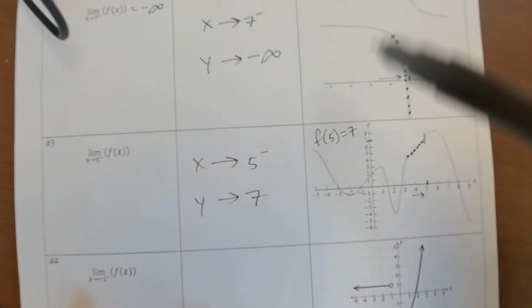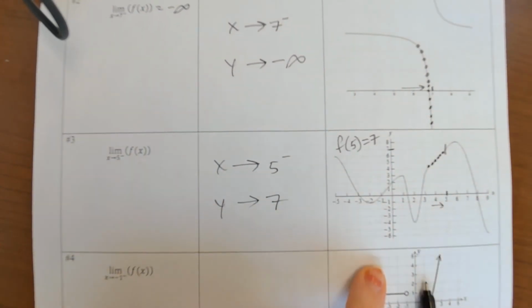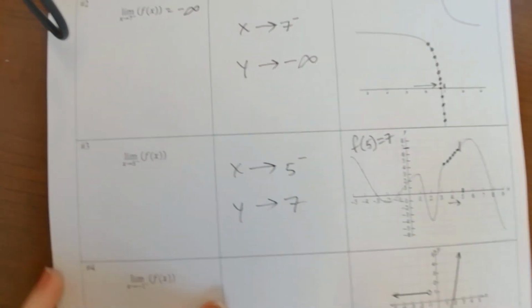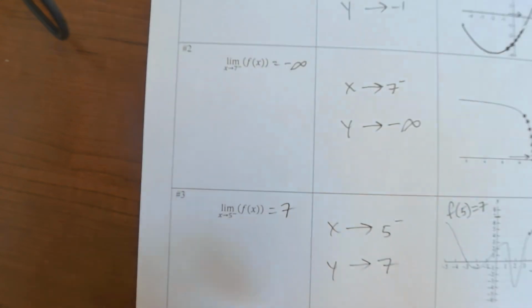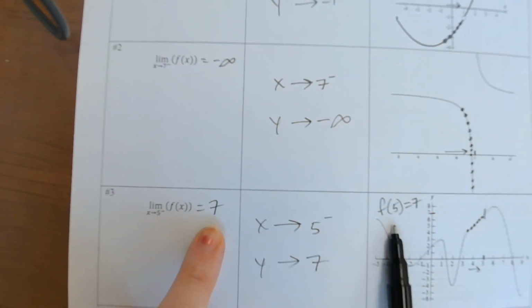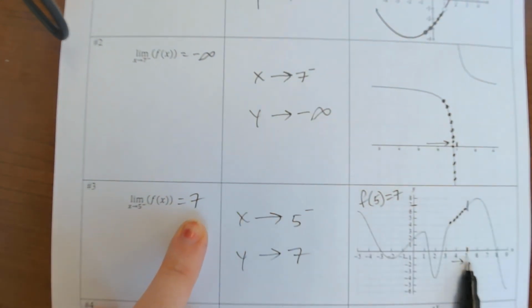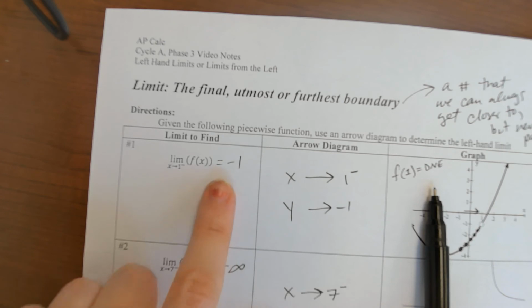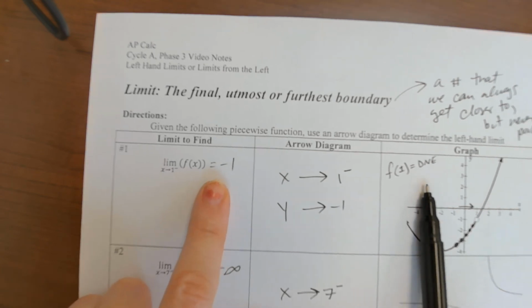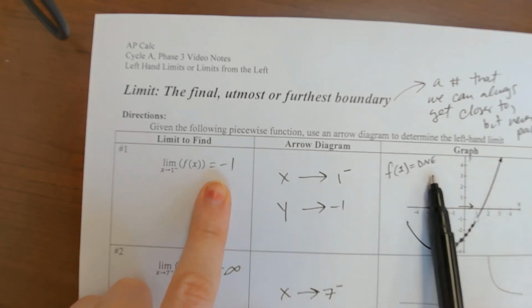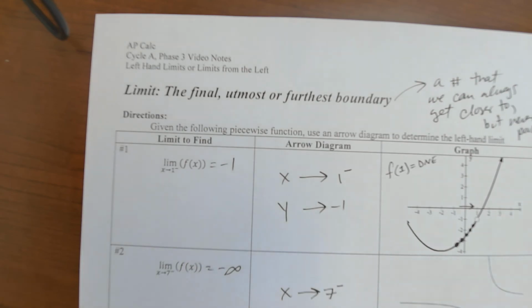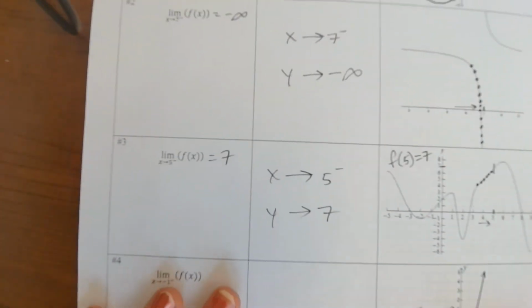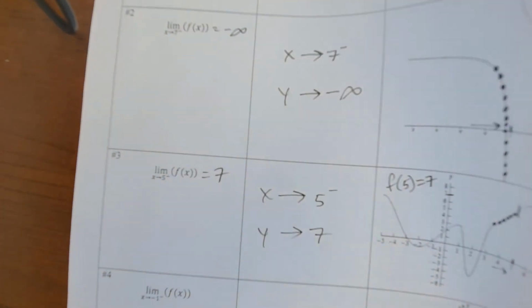This is a similar situation. This is what I was building up to. In this case, the limit is 7 and the function value itself is 7. So that's going to happen sometimes. In the other case, the limit was -1, but the function value itself didn't even exist. I just wanted to point that out because you're going to see both of those cases.